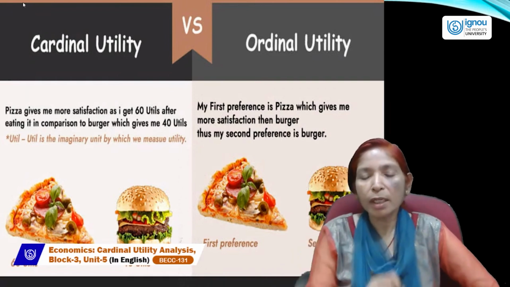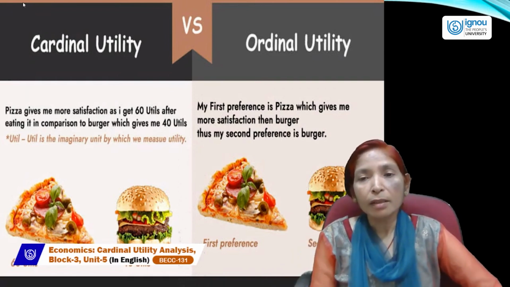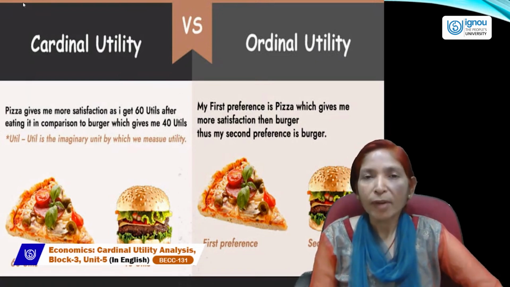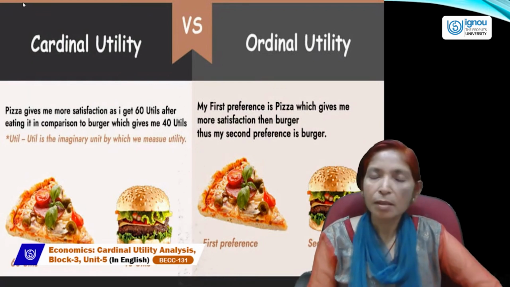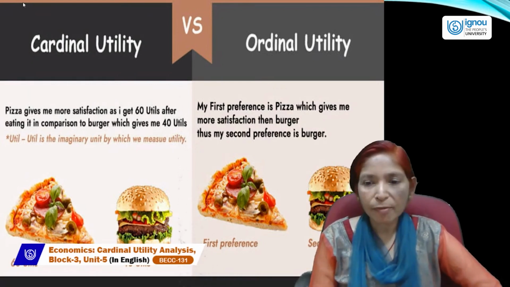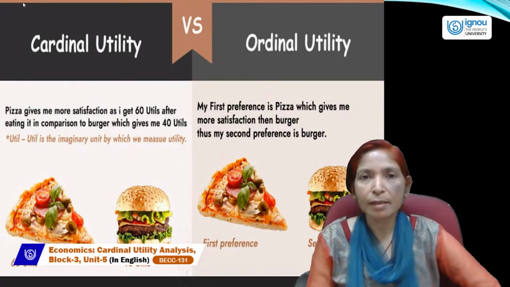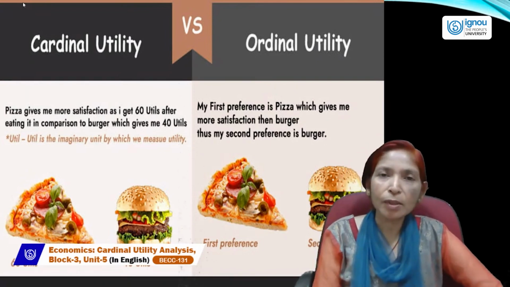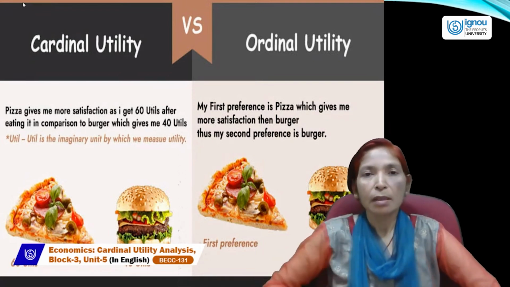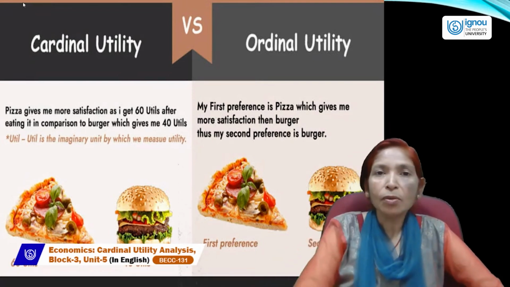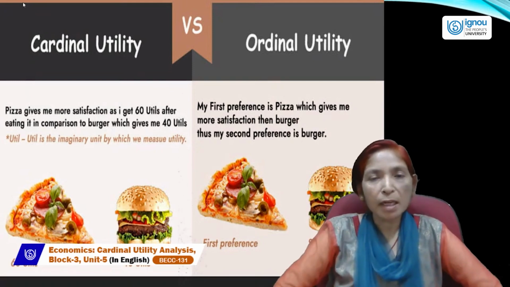So, ordinal utility generally refers to that type of utility in which you can give only ranks according to your preferences, like first preference is pizza and other preference is burger in this example. And in case of cardinal utility, you can measure it in accurate numbers, like 60 utils given by pizza. If you are eating pizza, then you will get 60 utils of satisfaction.